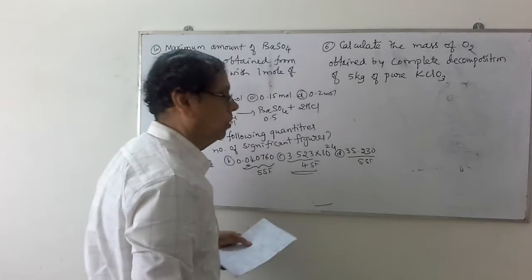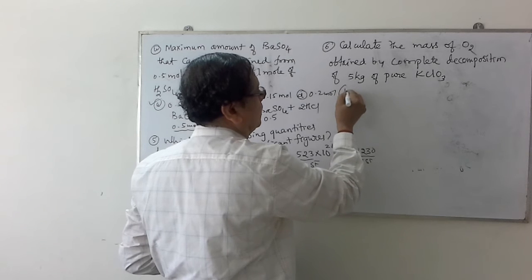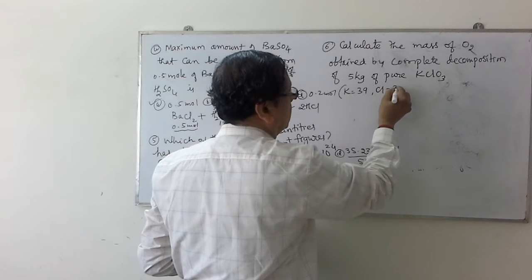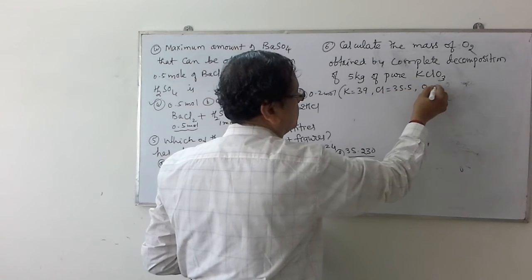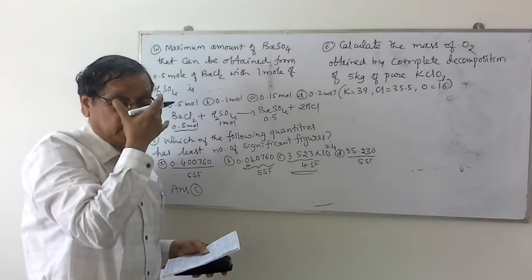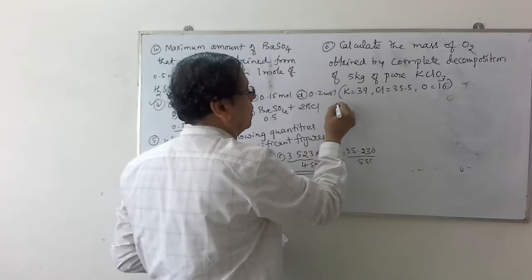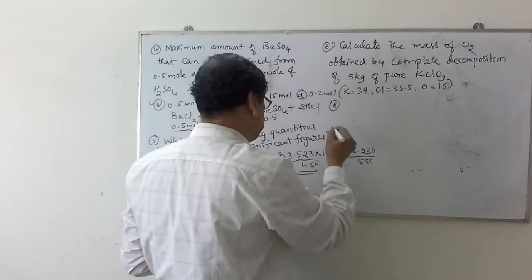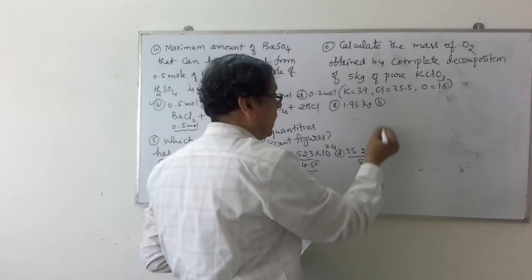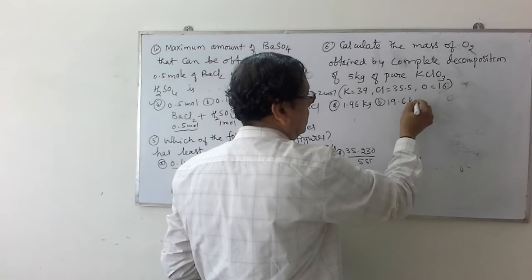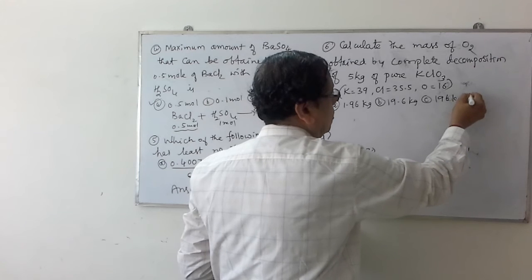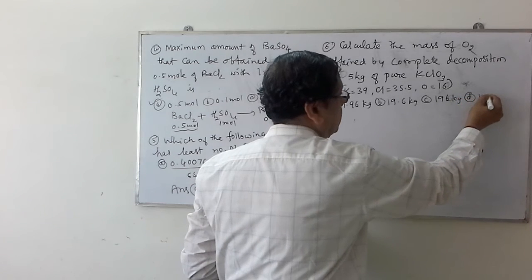This is called potassium chlorate. So they have given the atomic masses of potassium 39, chlorine 35.5 and oxygen 16. So using this we have to calculate molecular mass. First consider the options. Option A is 1.96 kg. Option B 19.6 kg. Option C 196 kg. Option D 1.5 kg.